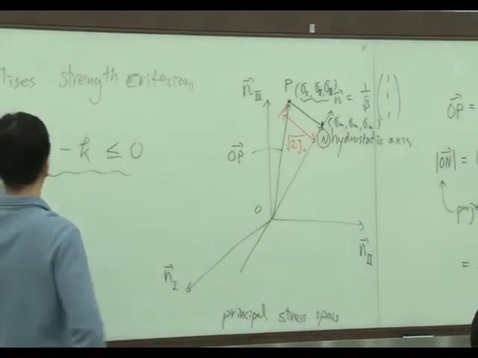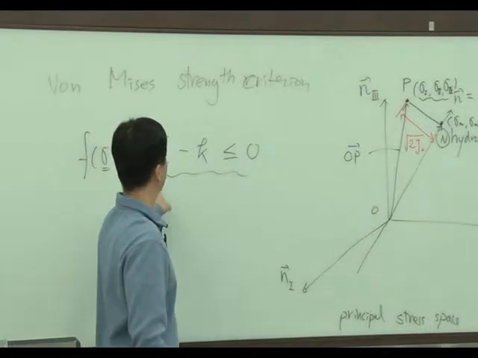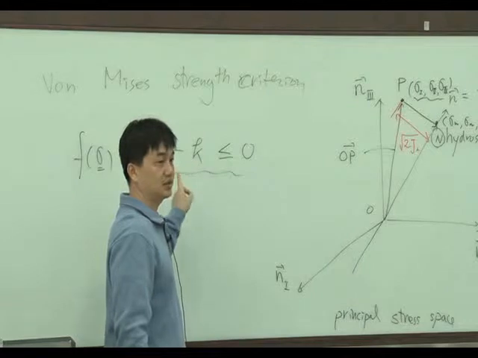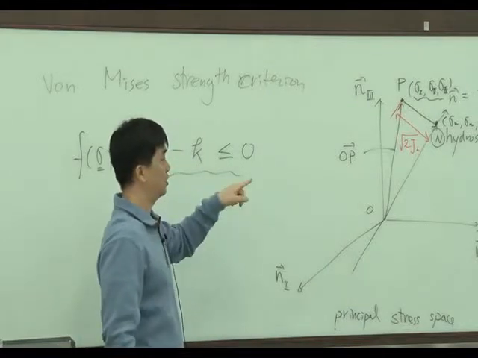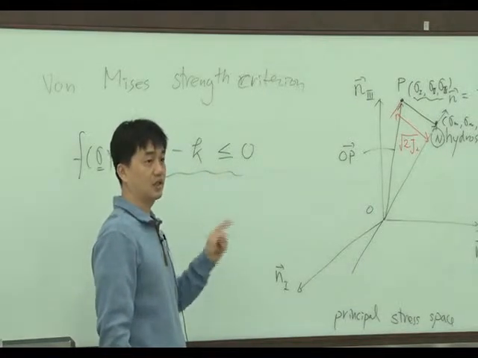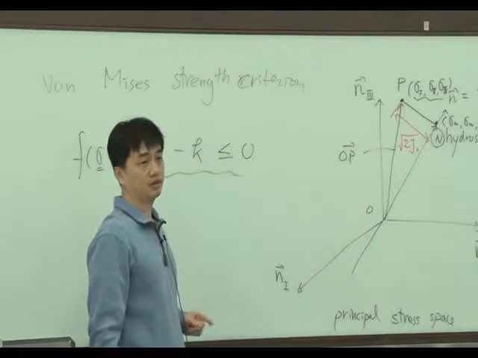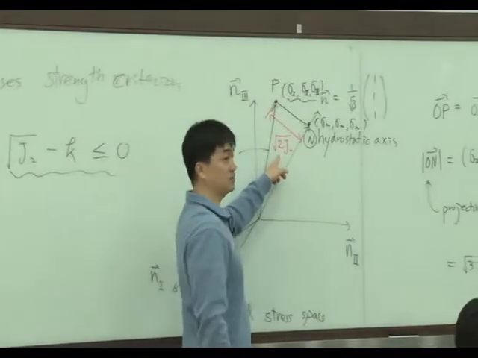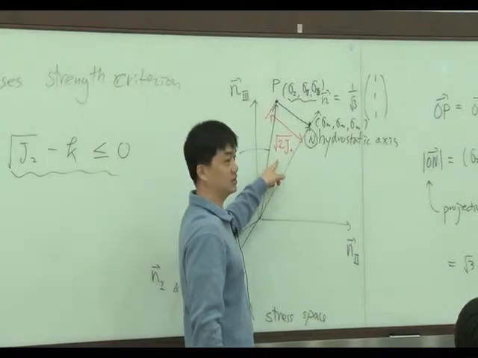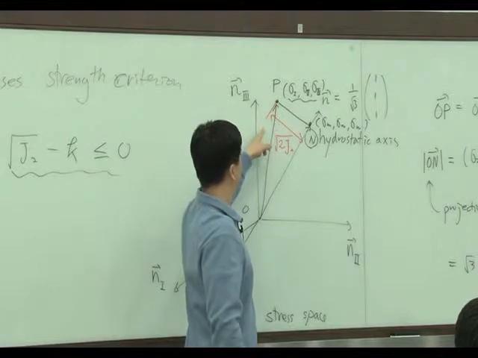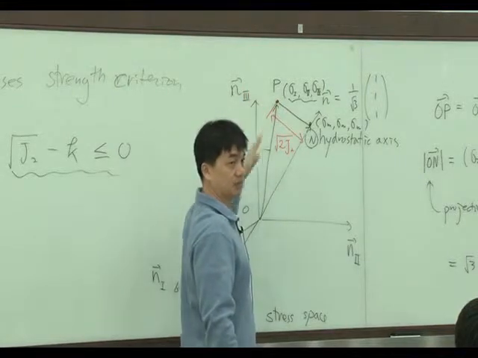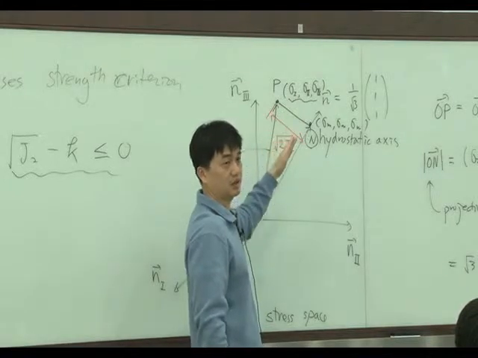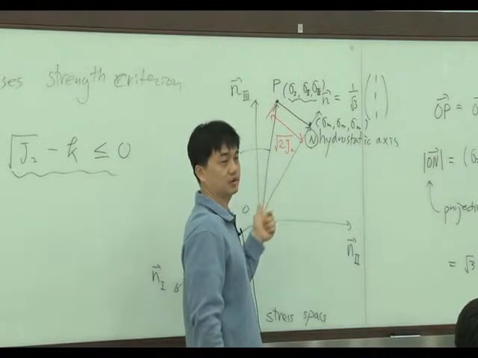So in von Mises strength criteria, the distance from the hydrostatic axis governs material failure, right? If the distance from the hydrostatic axis is bigger than something, the material fails, and if smaller than something, the material doesn't fail.